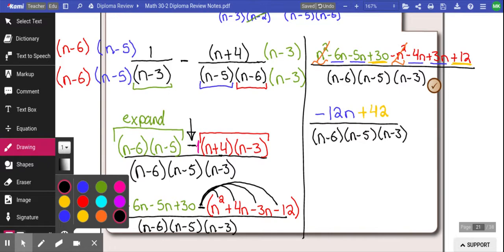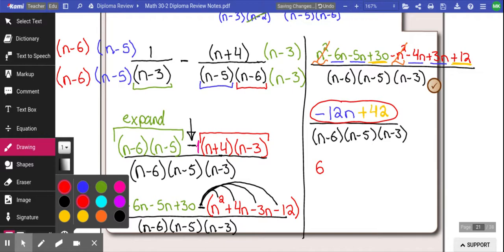Now, you know you're done simplifying when you can check two things off the list. First thing, you can't factor anymore. If I look at that, could I factor it? I could. What could I do? Yeah, if I look at the top, I could divide 12 and 42 by 6. So I could take a GCF of 6 out.